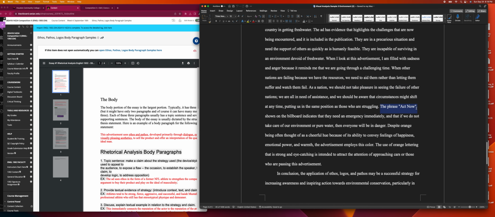And he starts here. The phrase act now, right? The words that are used on the photo create this sort of reactionary emotion. When someone puts act now, the force of that statement is sort of commanding because it's telling you that you need to get up and do something.